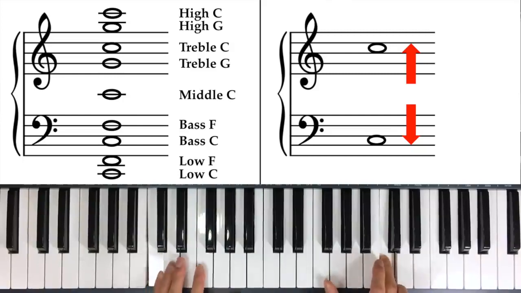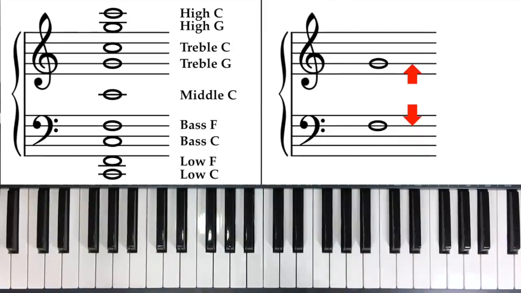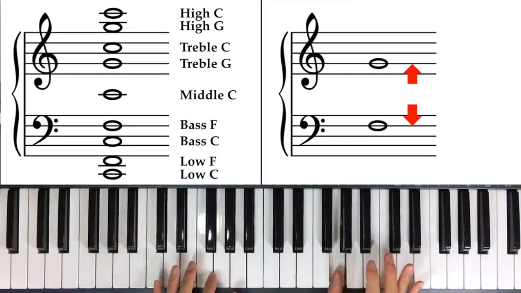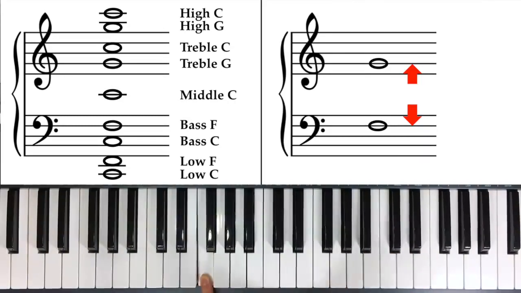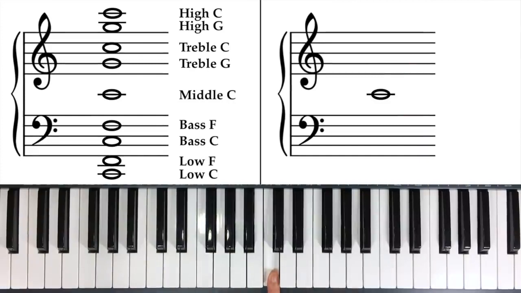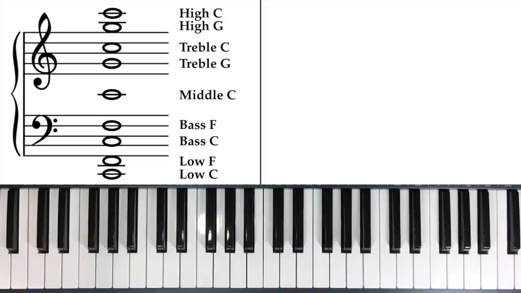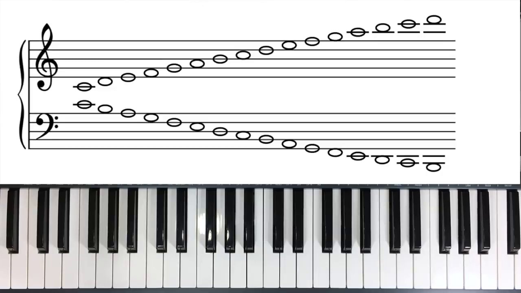And then from there, you have your treble G, which is two lines from the bottom, and you have your bass F, which is two lines from the top. And then right in the middle, you have your middle C, which looks very similar in the treble and the bass clef. And because now you know the line and space relationships, you can figure out the notes around these landmarks very easily. And if you memorize these nine landmarks, you'll have access to all these notes.